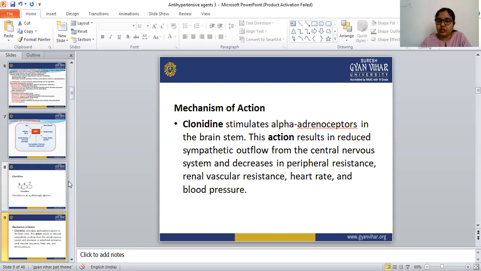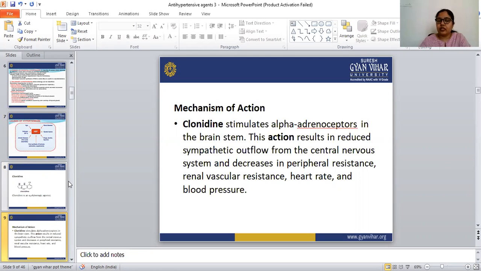When the patient is taking clonidine, it stimulates the alpha adrenoreceptors in the brain stem, and this action results in reduced sympathetic outflow from the central nervous system, and decreases in peripheral resistance, renal vascular resistance, heart rate, and the blood pressure.